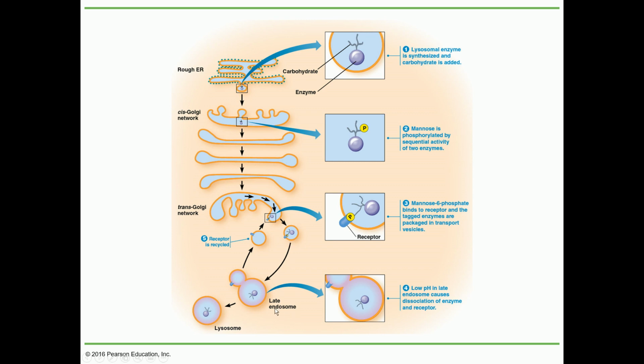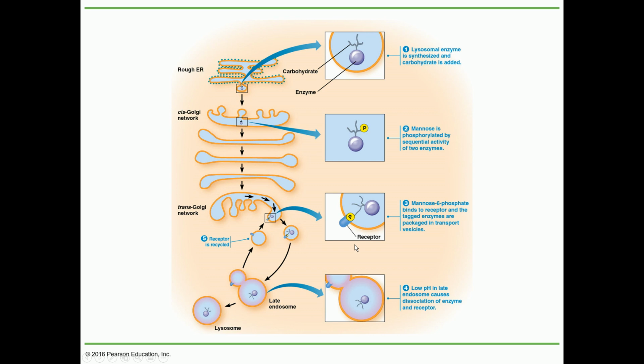So in the late endosome, what is going to happen? The pH is going to go low. The low pH in the late endosome will cause the dissociation of the complex formed between this receptor and this enzyme, and as a result this receptor will be lost. So low pH in the late endosome causes dissociation of enzyme and receptor. It will break their bonding.